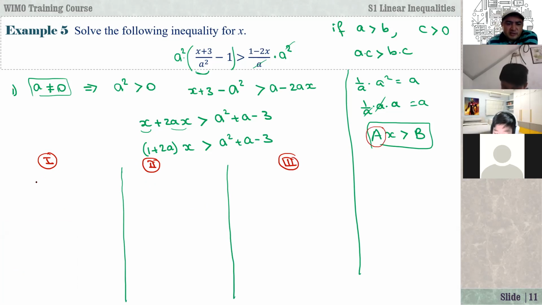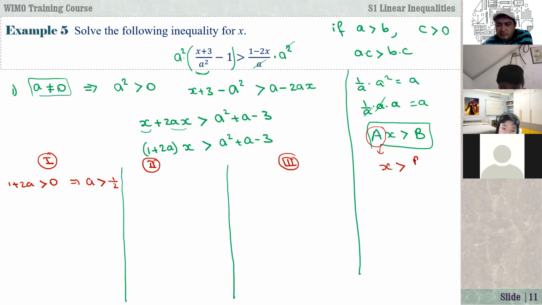The first one is, suppose that 1 plus 2a is greater than 0. So that means that, what is it? A is greater than minus 1 over 2. What happens here? We know that if capital A is greater than 0, what is the solution?